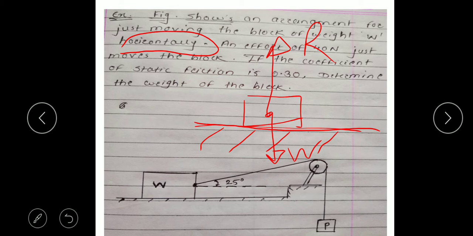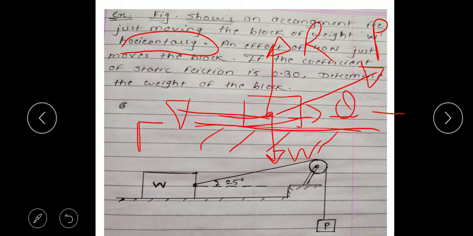Here P has a certain angle with the horizontal. If I draw the dash line here, then this will be the angle theta. Again in that case the body is moving toward the right, so the frictional force F will be toward the left.